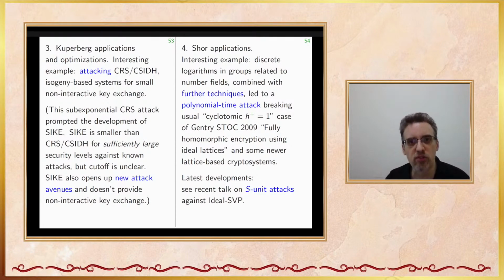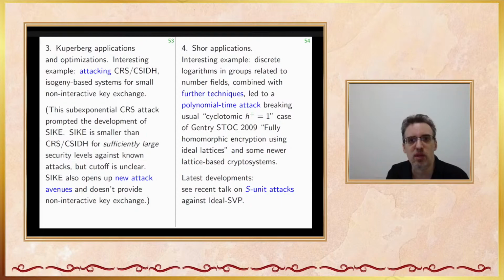And that, along with some more number theoretic algorithmic ideas, broke Gentry's original fully homomorphic encryption system from STOC 2009 in the case of cyclotomics with some technical condition, h plus equals 1, which is the normal case. People are usually using cyclotomic number fields with h plus equals 1. And this is a polynomial time attack, breaking a major crypto system, also the first multilinear map system.